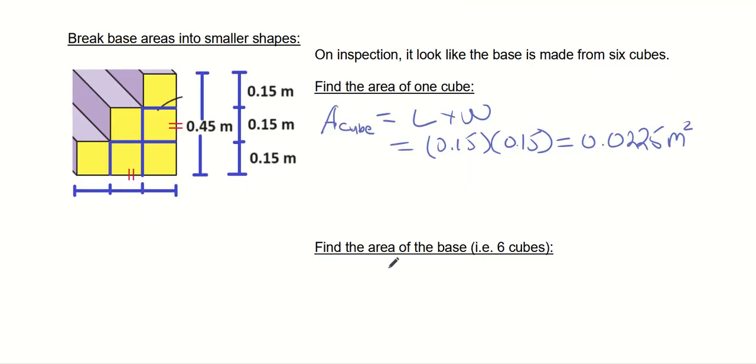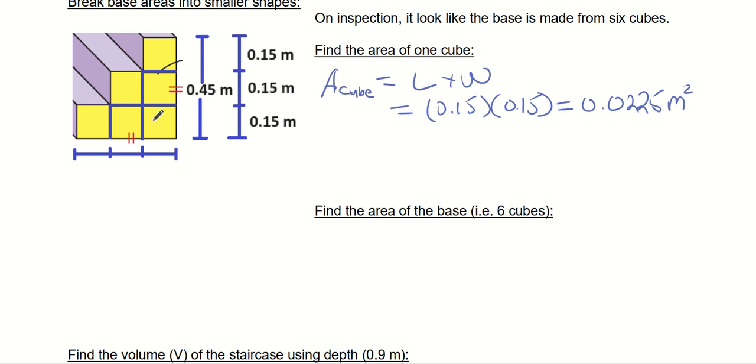Now find the area of this entire base. So you will now find the whole area. And I know there's 6 cubes here. If you count them, 1, 2, 3, 4, 5, 6, 6 cubes. So we know what 1 cube is.